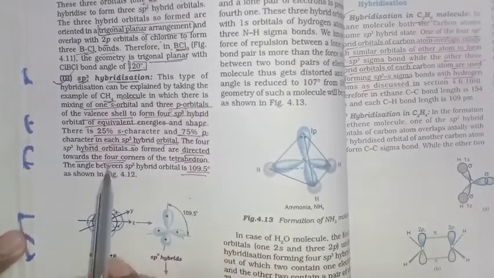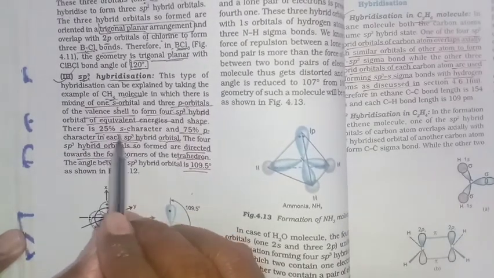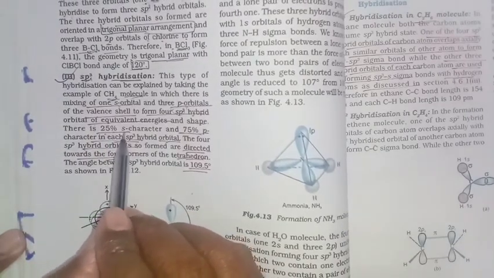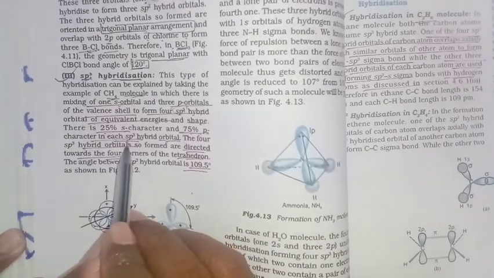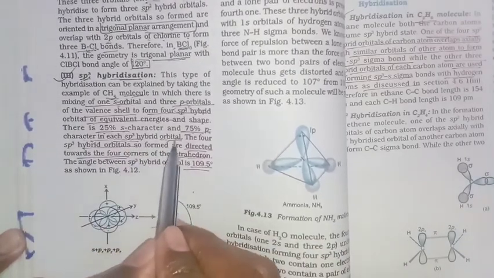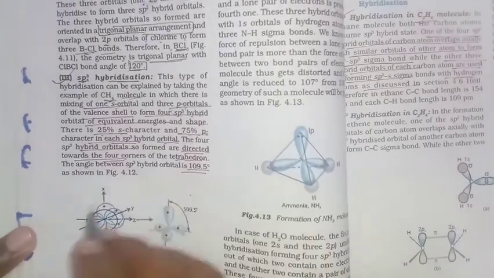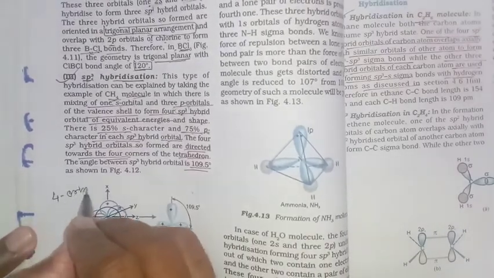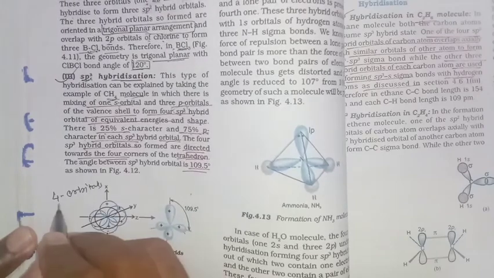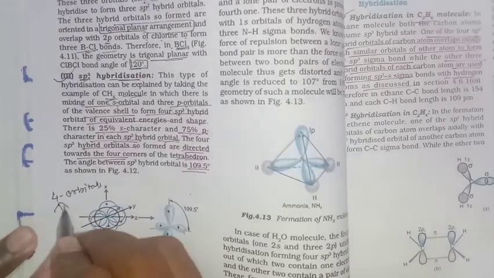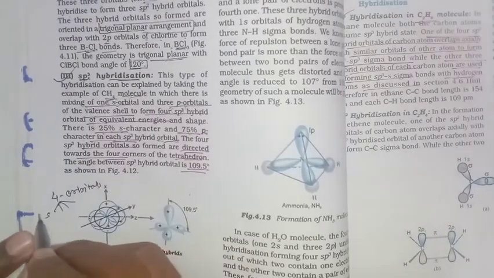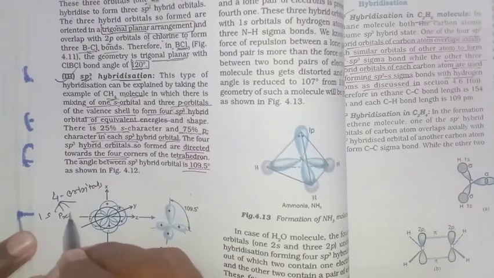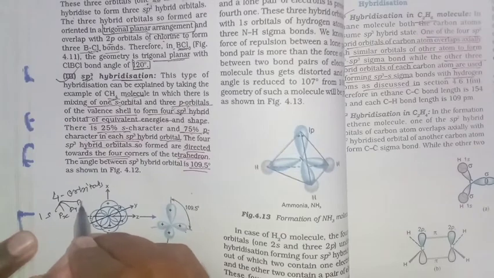There is 25% s character and 75% p character in each sp3 hybrid orbital. It means we have 4 orbitals, and their contribution is 25% each from 1s and 3p, that is px, py, and pz.